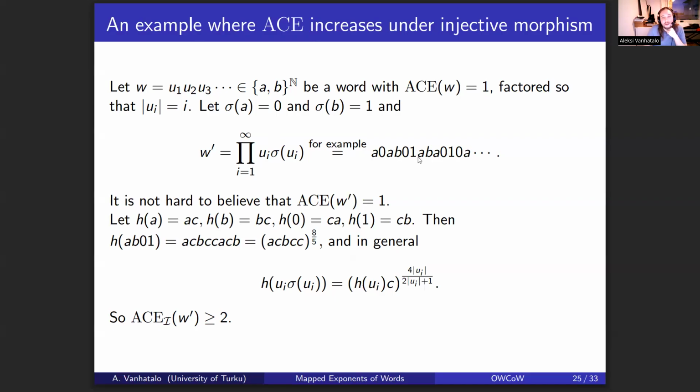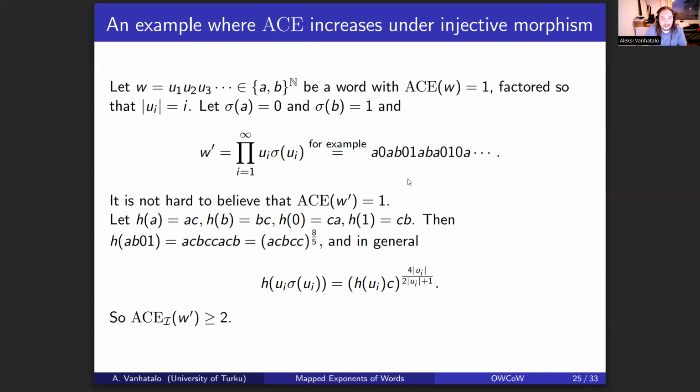I don't actually know how this word would go, but an example would be something like A0, AB01, ABA010. So we have these squares, but obviously they are not squares. And if we started with a word with A's value equal to 1, then it's not hard to believe that after this concatenation trick, we still have A's value equal to 1.